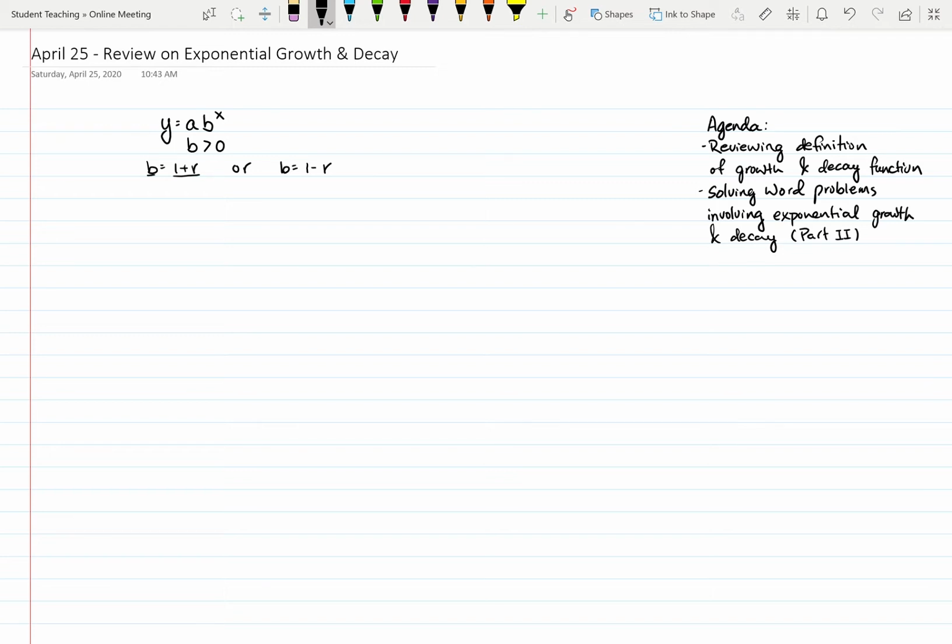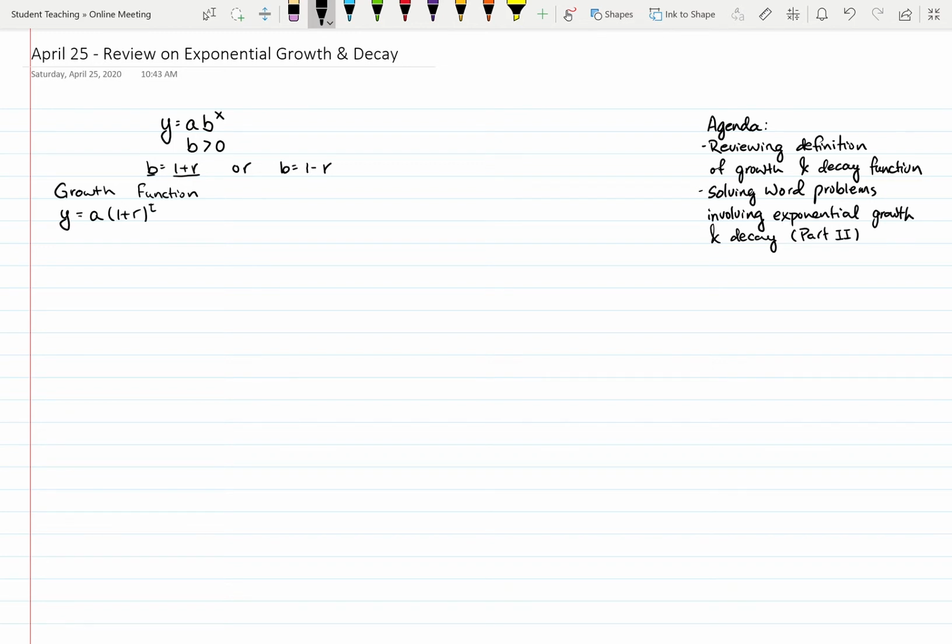So, the growth function is y equals a, we just bring down the a, times 1 plus r raised to t.